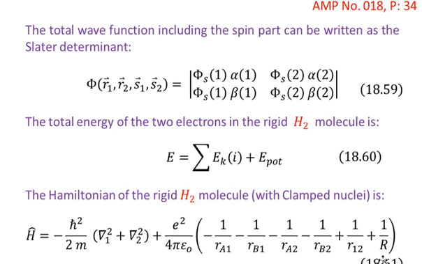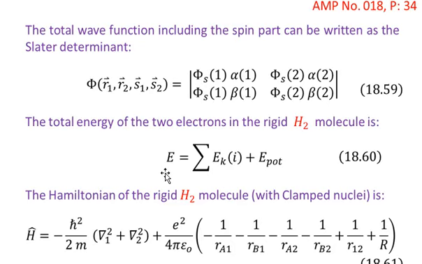The total energy of the two electrons in the rigid hydrogen molecule can then be written as follows. You see that we have written the wave function for the rigid H2 molecule, and now we are going to write down the total energy of the H2 molecule.